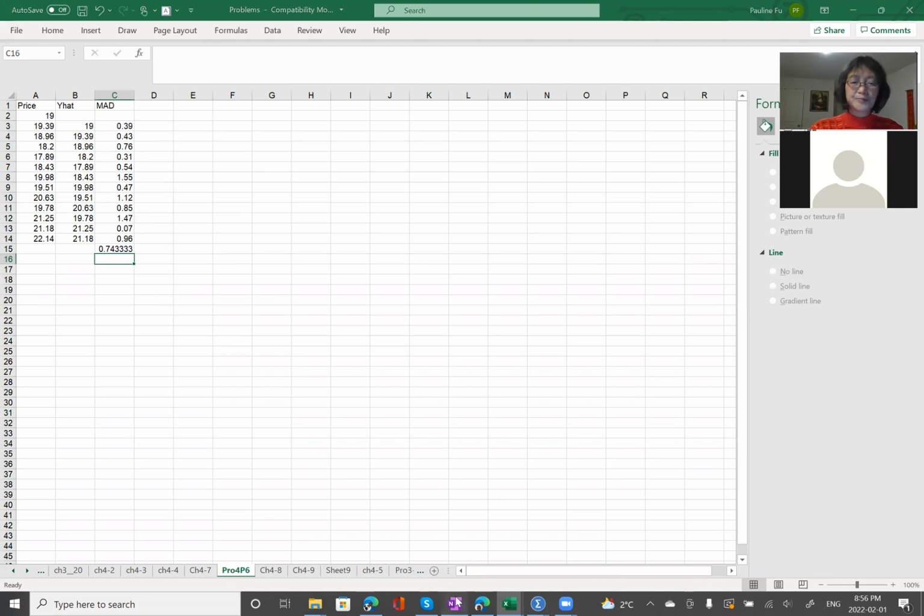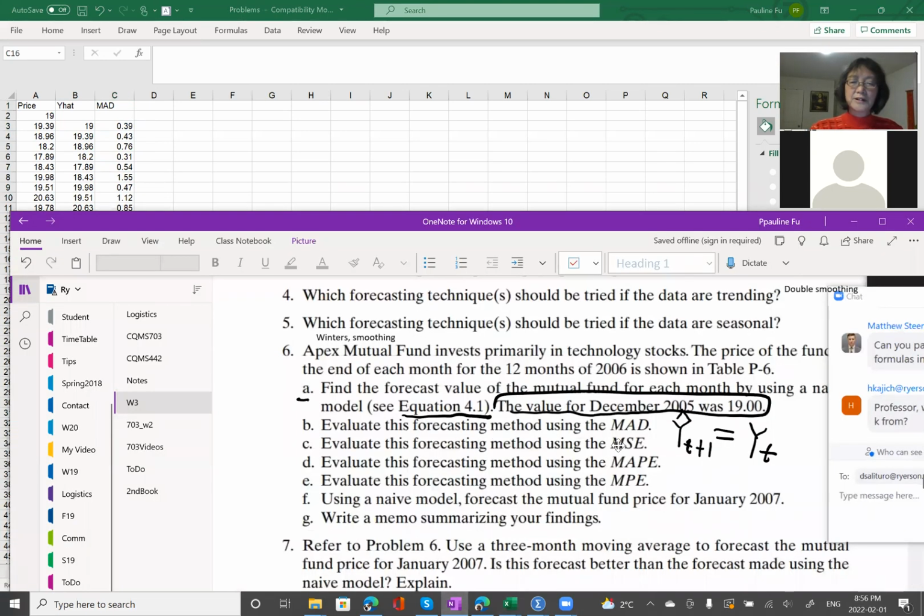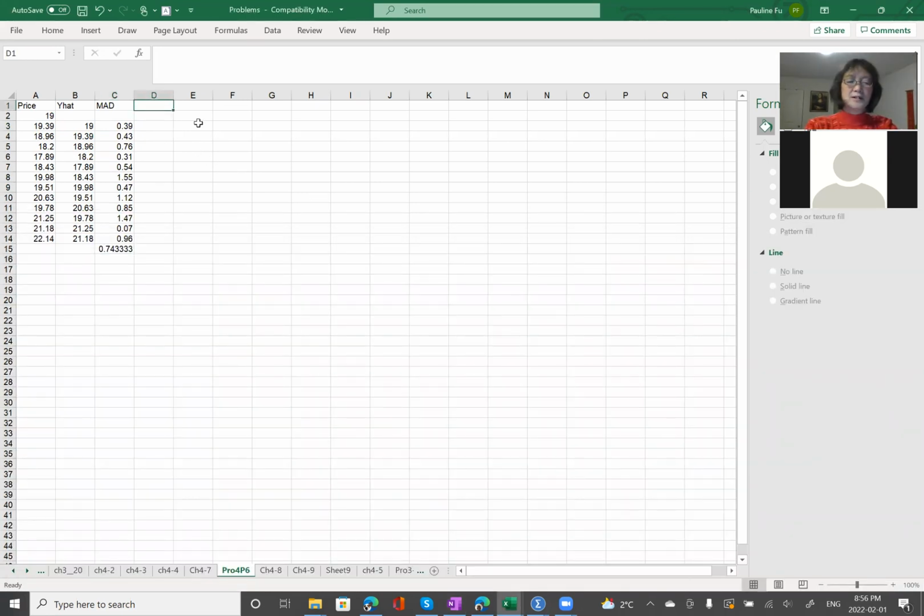And next, calculate MSE. So how do you calculate MSE? You do the square. Okay, YT minus YT hat and square it.